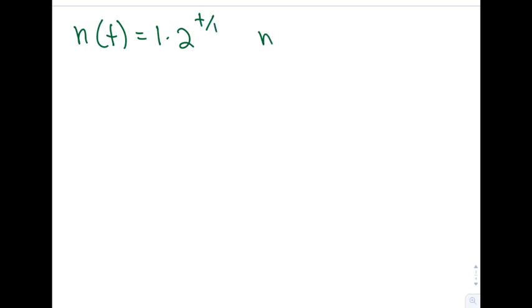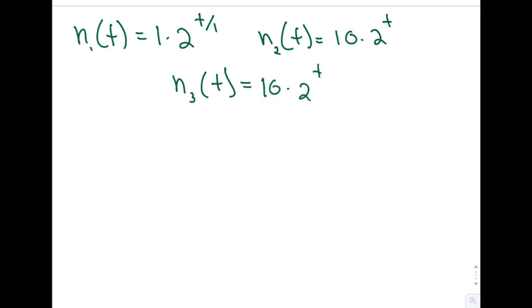The next one was n of t equals 10 times 2 to the t. This second one, we began with 10 bacteria, and we were still doubling every hour. And then the third one, n sub 3 of t equals 10 times 2 to the t divided by 3. So now we're doubling every third hour, starting with a population of 10.